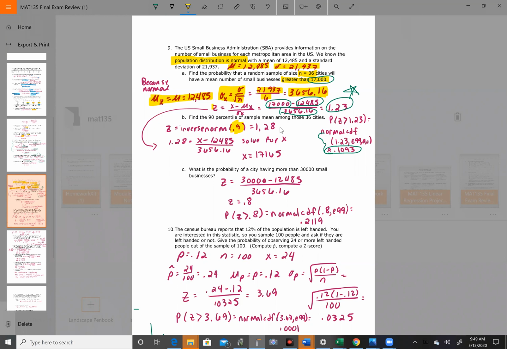Okay, but that's just our standard score. What we want is to put it back in and find the actual value that would be. So you just put it back into the z-score. Normally the z-score is equal to the observed mean minus the actual mean divided by your standard deviation.